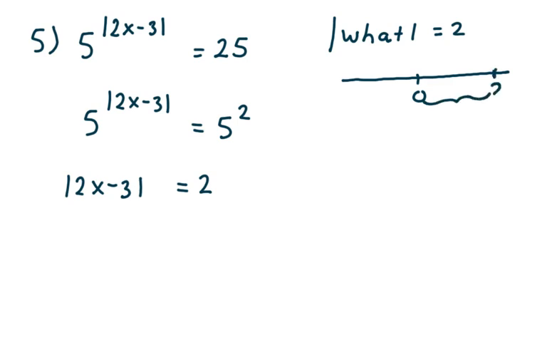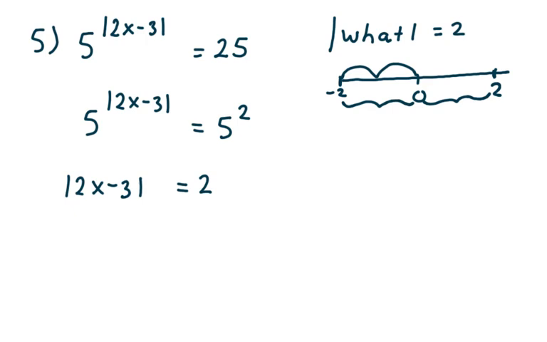So the answer here is 2. But remember, I can go to the right of 0 or I can go to the left of 0. In either way, you're traveling the same distance. And so I can hop over here and land on negative 2. Okay, either way it goes.